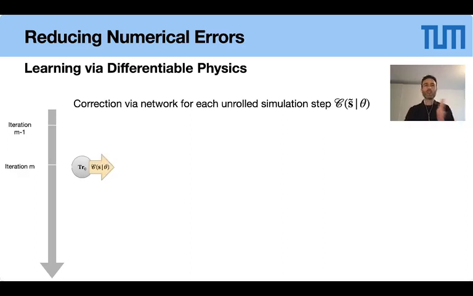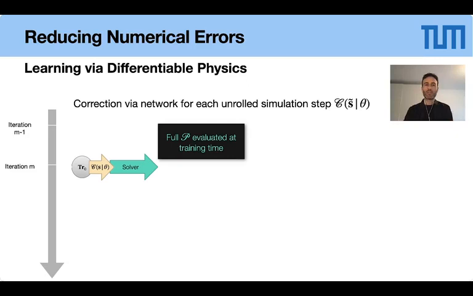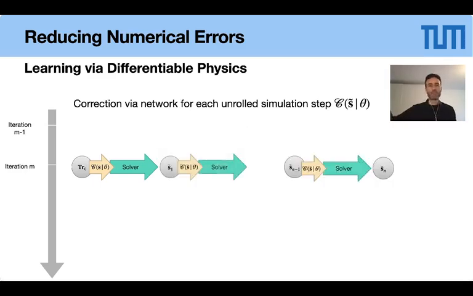We're basically unrolling the time evolution of the system we're looking at with those corrections. So we're really running the full solver for one mini batch at training time, one iteration m, for some chosen number of n steps, ideally as long as possible. Then we can start evaluating the loss.